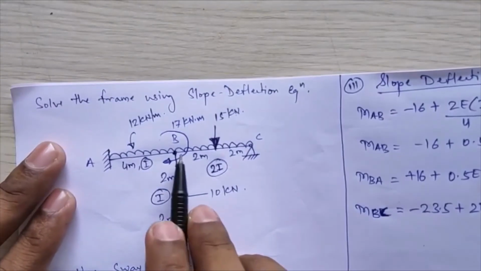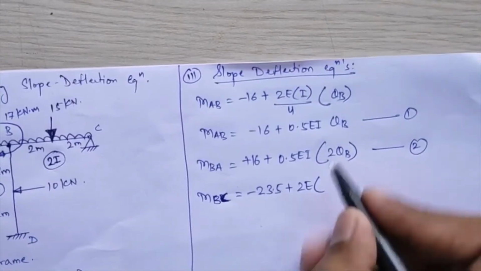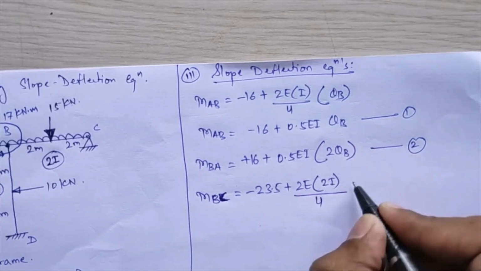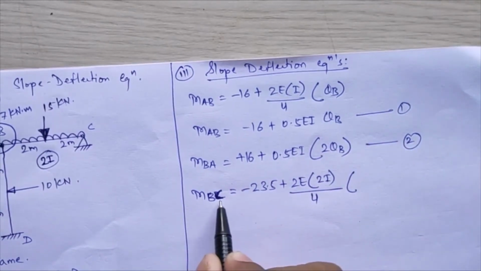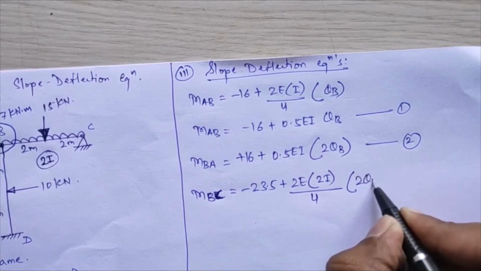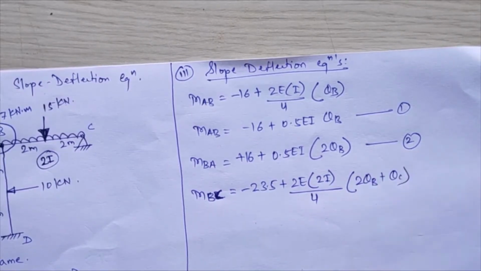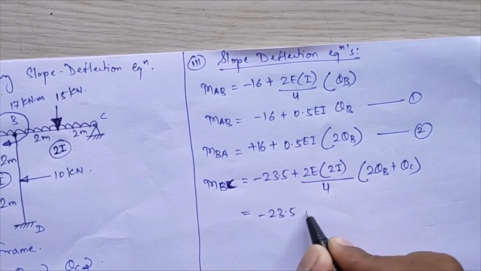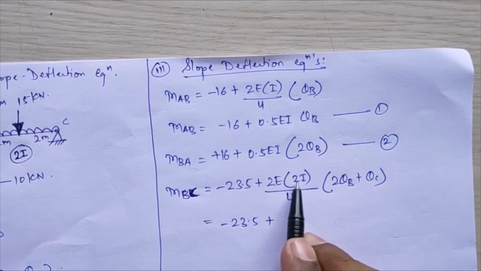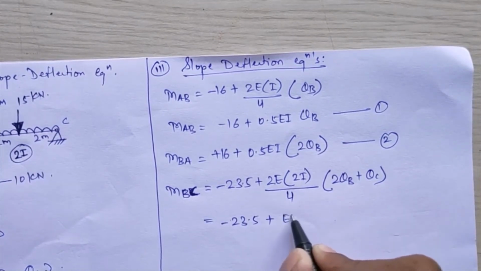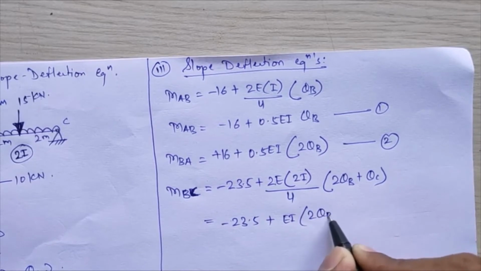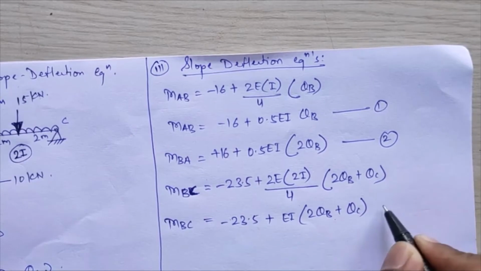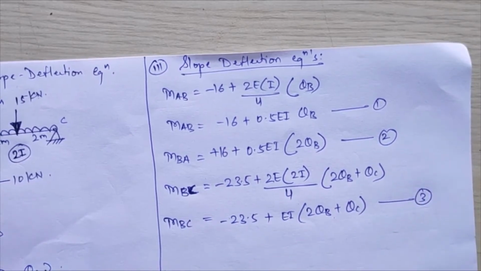Now the I value for member BC is given equal to 2I, divided by L of member BC, which is again 4, into the bracket: near end will now be B, far end will be C. So near end rotation 2 times theta B plus far end rotation theta C. I'll simplify this further: minus 23.5 plus 2 into 2, that becomes 4 EI, 4 by 4, that will remain just EI, into 2 theta B plus theta C. So this will be my equation for member BC, that I will call equation number 3.